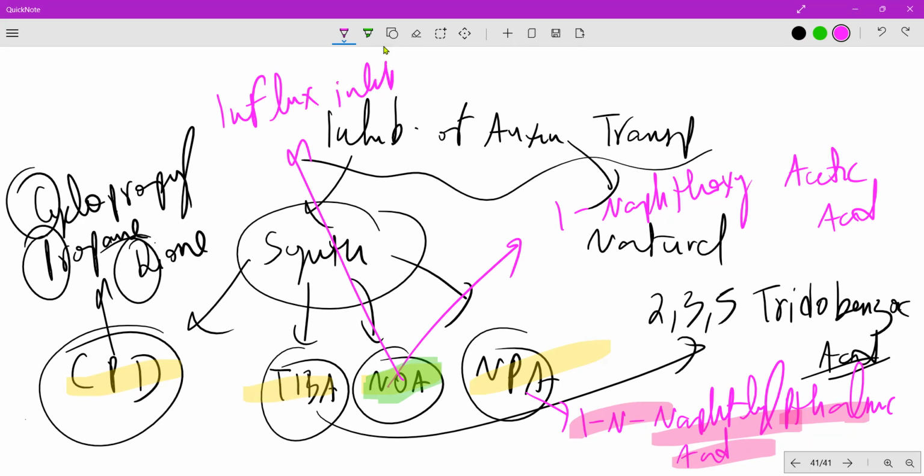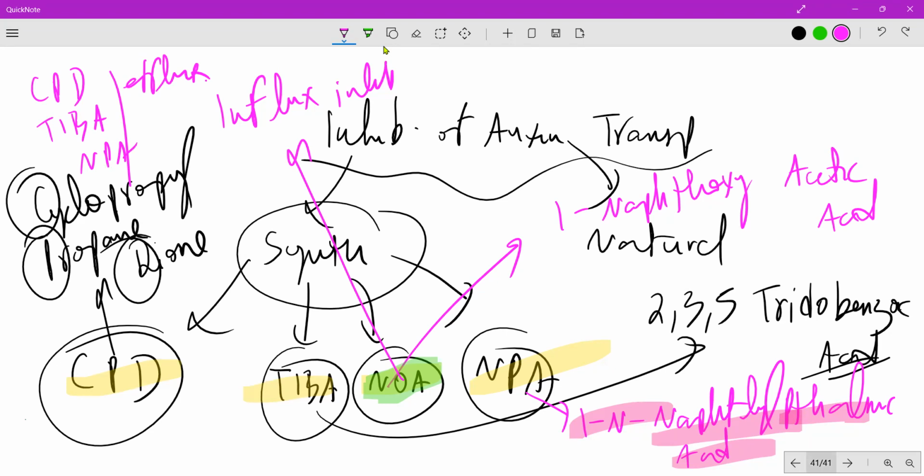The others, CPD, TIBA, NPA, are all inhibitors of efflux. Am I clear?